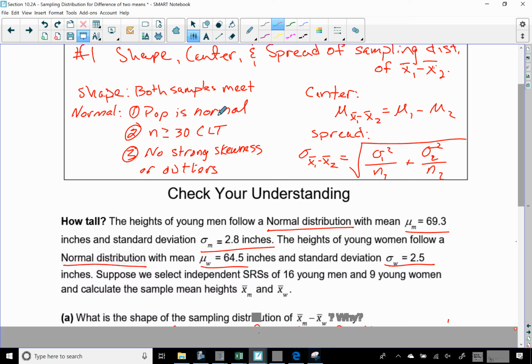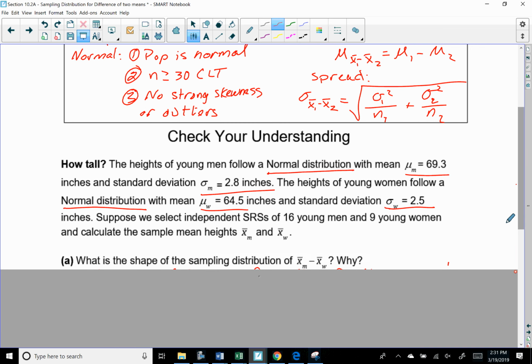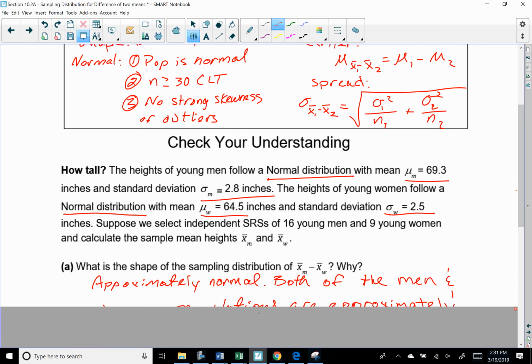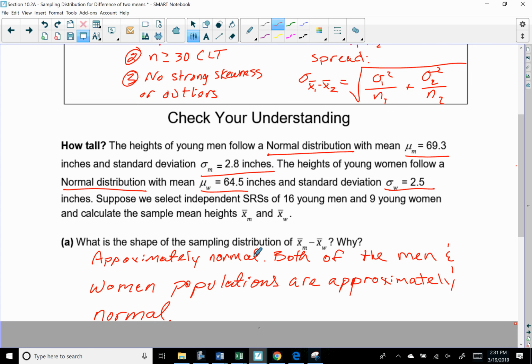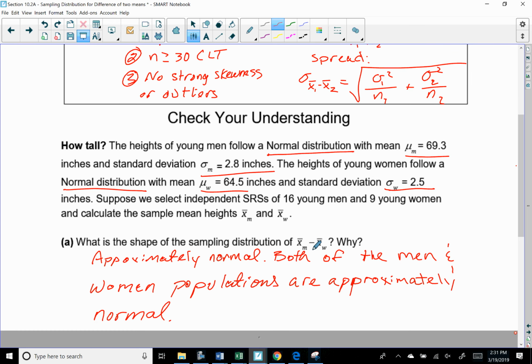So since the population is normal for both populations, we can then assume that the sampling distribution for the difference between the two is also going to be normal, right? And it's going to have a center. We'll talk about that in a second. So approximately normal, because both the men and women populations are approximately normal.